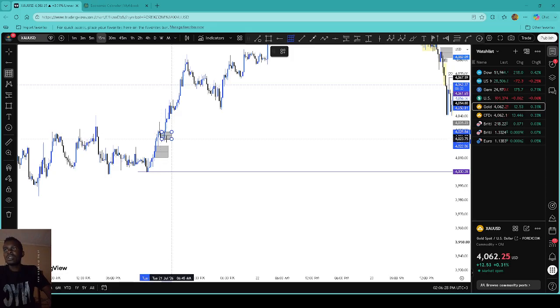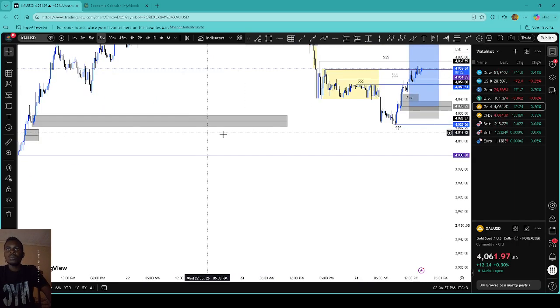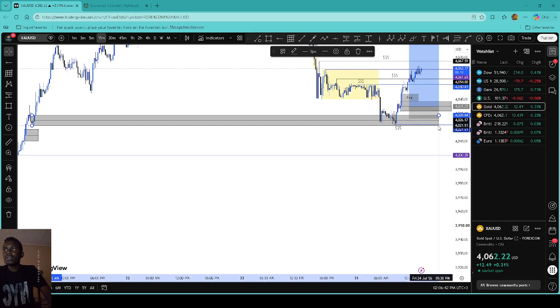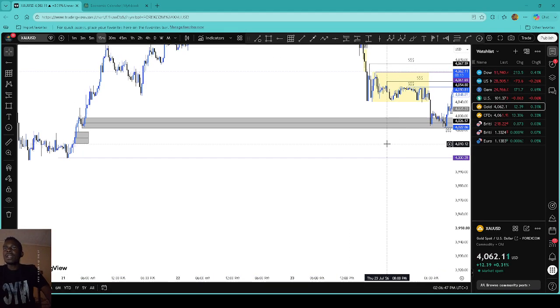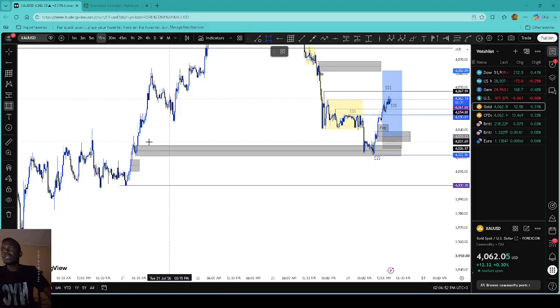I will mark these two because the bearish candle over here is the one that has the last low. So you can see price came to that area. Now this one being our bullish order block, see that very clearly, it had a fair value gap above it.